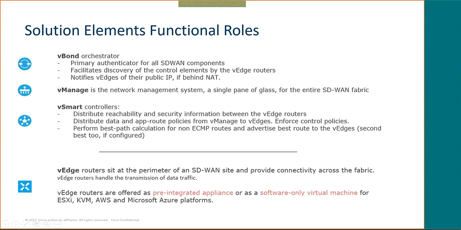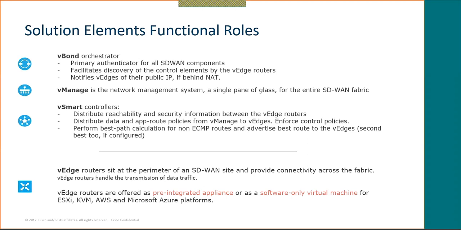So we want the orchestrator, the primary authenticator for all SD-WAN components, which facilitates discovery of the control elements by the edge routers. Discovery of the control elements in the sense that vEdges are not provided with any information about where the vSmart or vManage is supposed to be by the device administrator.